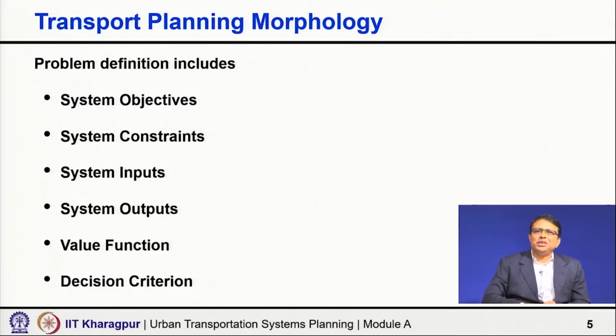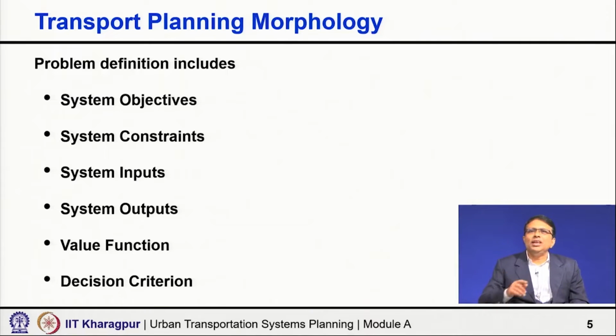Problem definition includes 6 major components. First, system objectives, that means we should clearly identify what our objectives are. We must understand what our constraints are, because constraints limit the boundary of meaningful solutions.